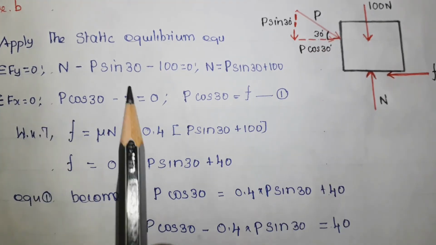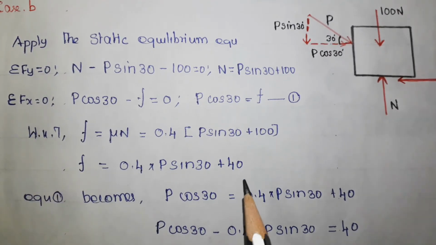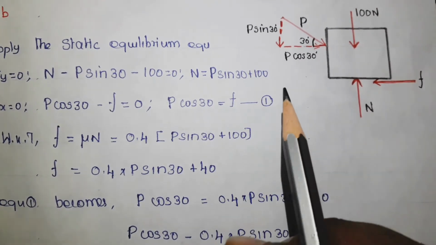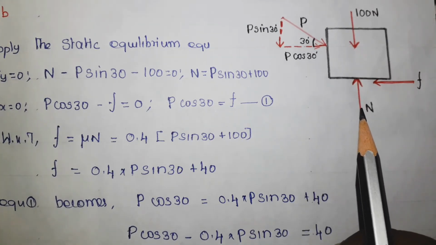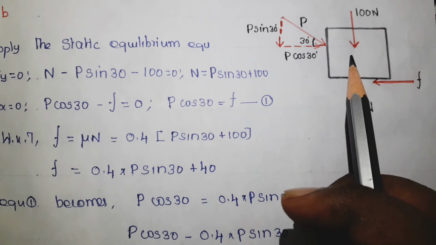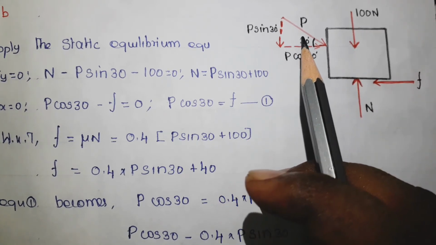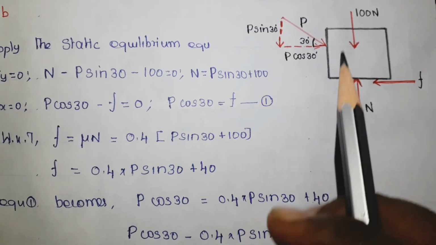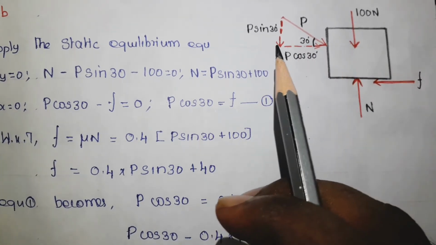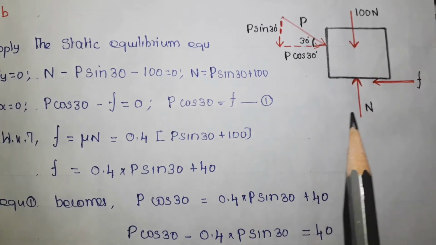Now let us use the static equilibrium equation. First equation is the summation of all vertical forces equal to 0. If you look at this free body diagram, there are three vertical forces. One is the normal reaction, second one is the 100 Newton and third one is the P sin 30 degree, that means the vertical component of the force P. Among these three, the 100 Newton and P sin 30 are in downward direction and N is in the upward direction.